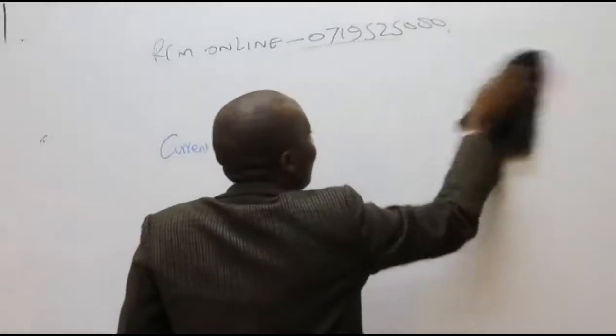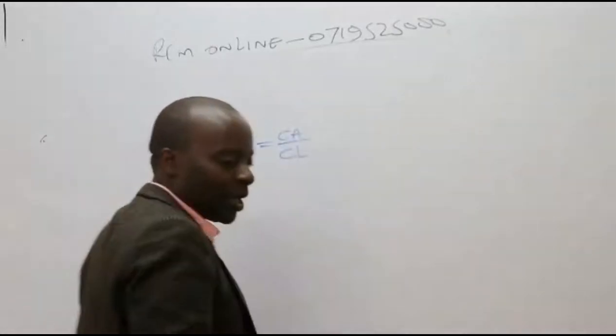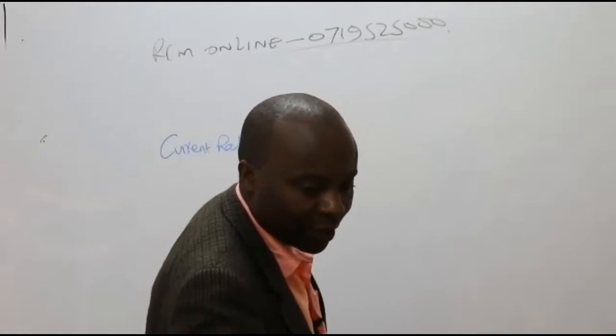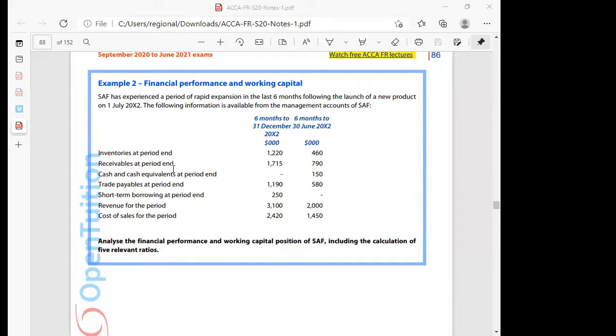So what type of current assets do we have? You can see here they have listed them for us. Current assets, we have inventory, we have receivables, we have cash and cash equivalents, those three. So we want to do the ones of June.